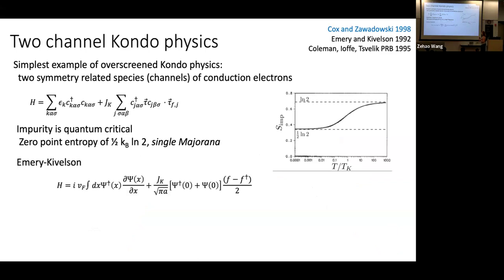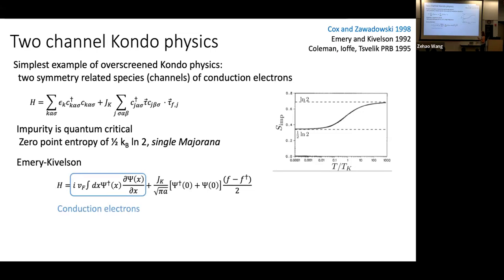So when you're looking at an impurity model, you can often solve this exactly. One of the ways you can do this in a particular limit is what Emery and Kivelson did back in 1992: they bosonized the problem. Any Kondo impurity problem essentially becomes a one-dimensional problem with your impurity and a conduction chain. So they bosonized this. These psi's are the conduction electrons.